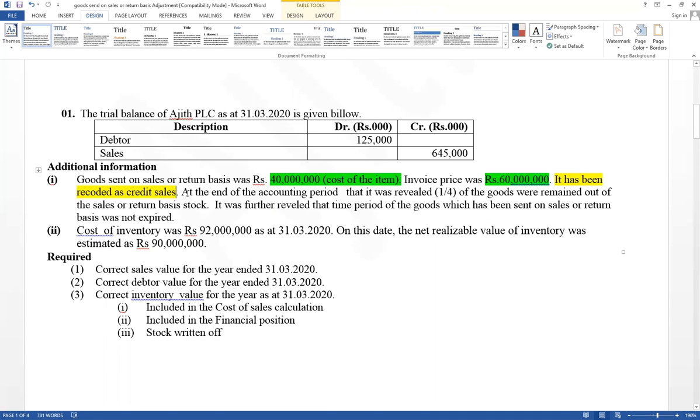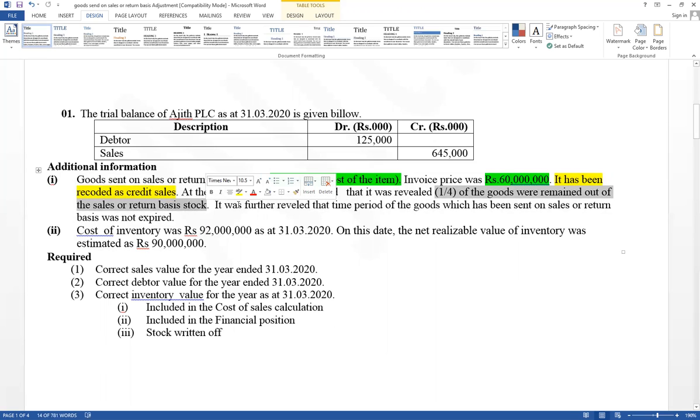But now think about the situation at the end of the accounting period.